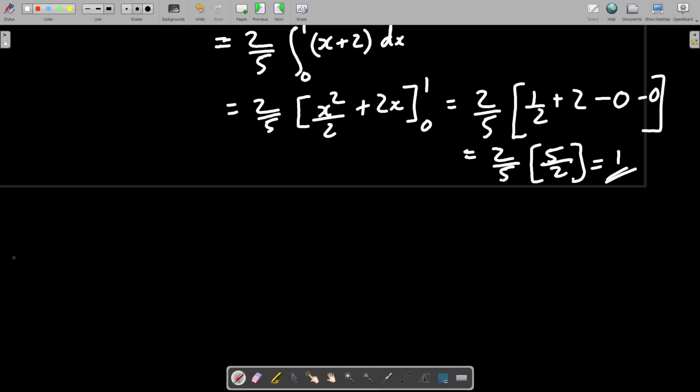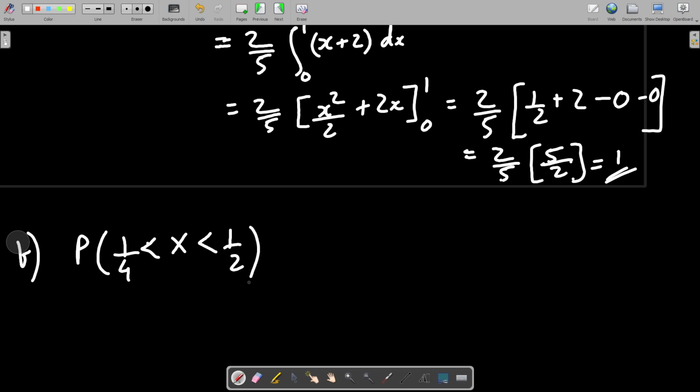So next problem, B part. They want the probability that x lies between. Clear? This is the question over there. The question says this, right?